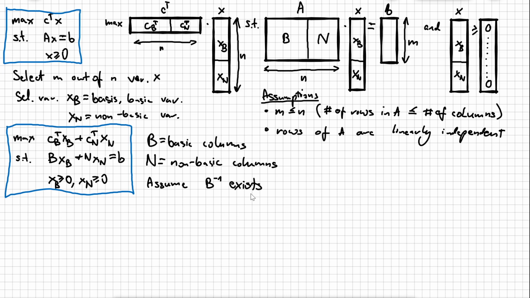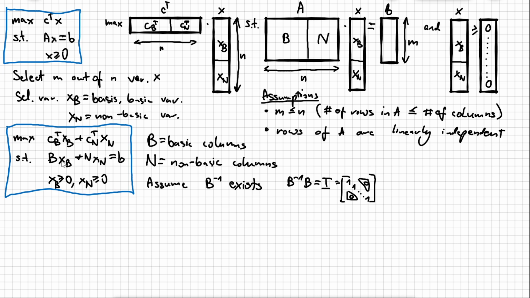So B, a square matrix, can have an inverse, but not every square matrix has an inverse. So we're assuming in this case B, the inverse exists. That means, of course, that if you multiply B minus 1 times B, you get an identity matrix, which is something like 1 on the diagonal, and everything else is 0. So we're assuming this B minus 1 exists.